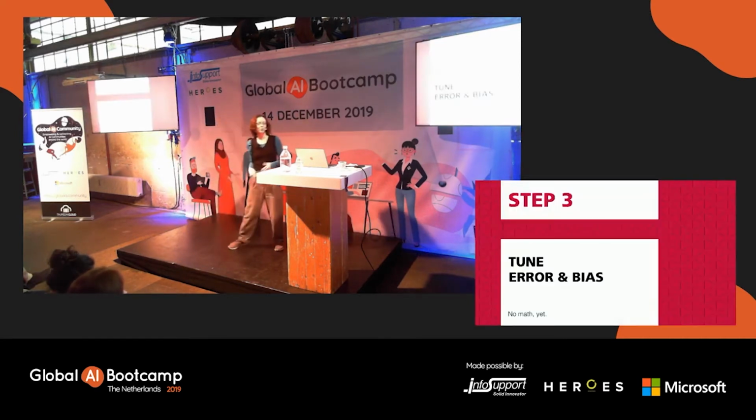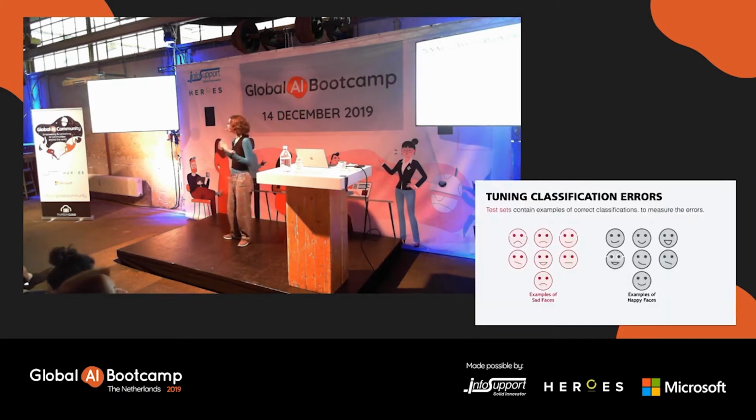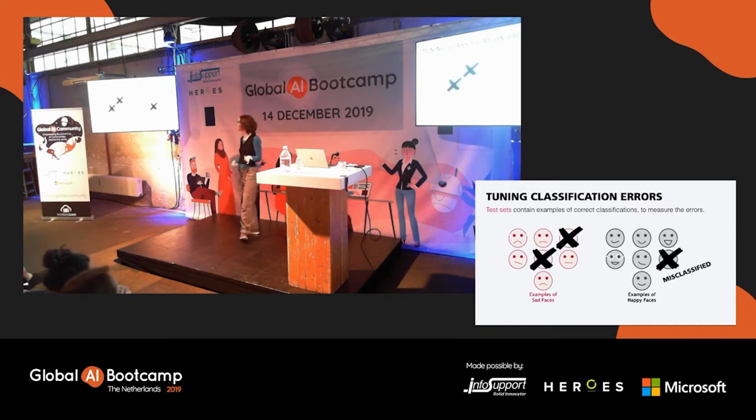Okay, now we have some measure of errors, and maybe we can try to make our classifiers better once we measure the errors. That's something called tuning, the error and biases. So I'm going to recap quickly what it is. So we have a test set, which are examples where we know what the true class is, and we use that to measure the errors.